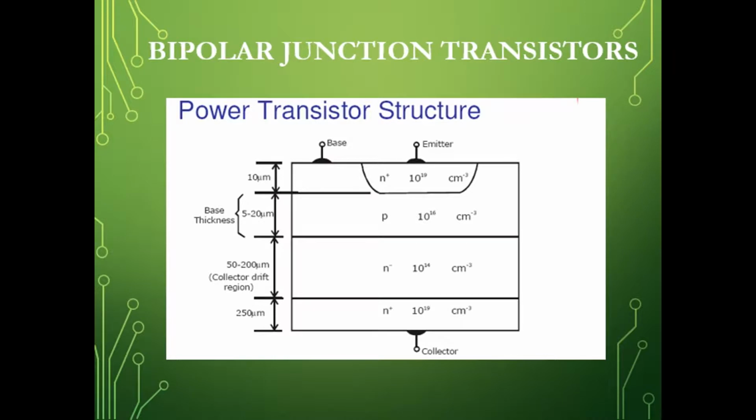This particular N region is called the drift region, which decides the breakdown voltage of your device.